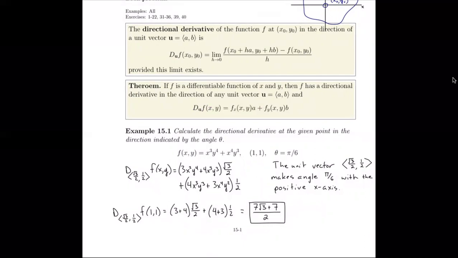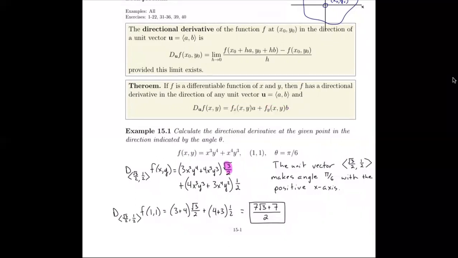So the partials of f need to be calculated, and those can be done independently on their own, but we see right here we have partial of f with respect to x, partial of f with respect to y. And we have a and b, the components of u. a is times f sub x, b is times f sub y for the formula.